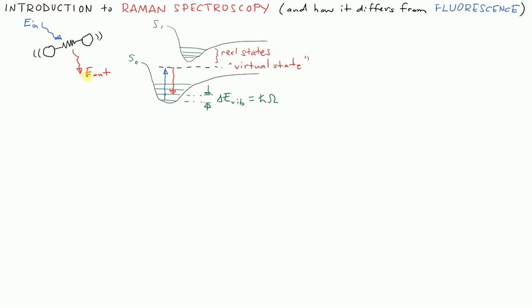So what did we mean by calling this level with the black dashed line here a virtual state? Well, as I said, it's an incident photon energy that the system doesn't truly absorb. There's no state for it to be in when it gains that particular amount of photon energy. So if we start unpacking what a virtual state means, the first assertion is that it's not a real allowed state.